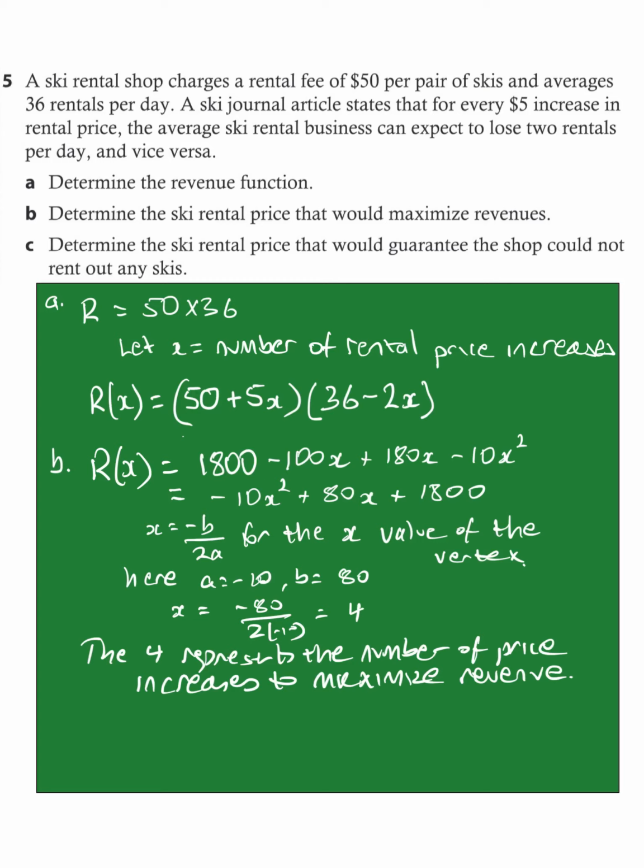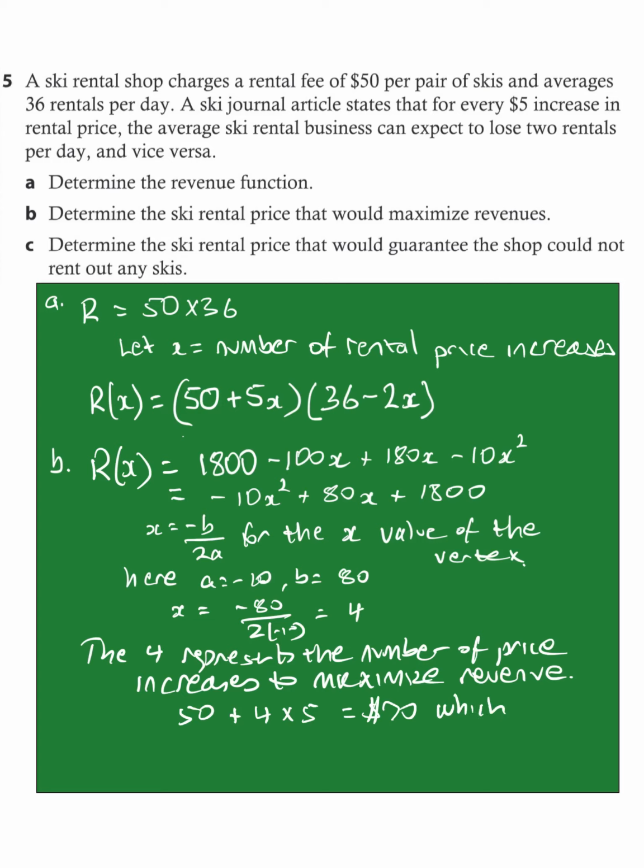We know that each increase represents $5. So if there are 4 increases, it's going to be 50 plus 4 times 5, which equals $70.